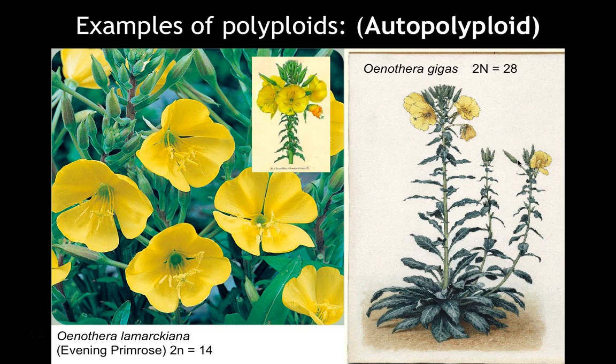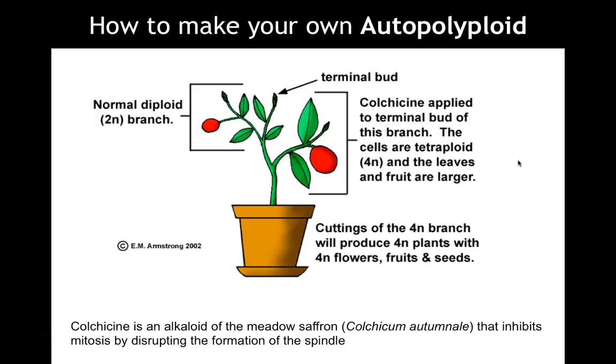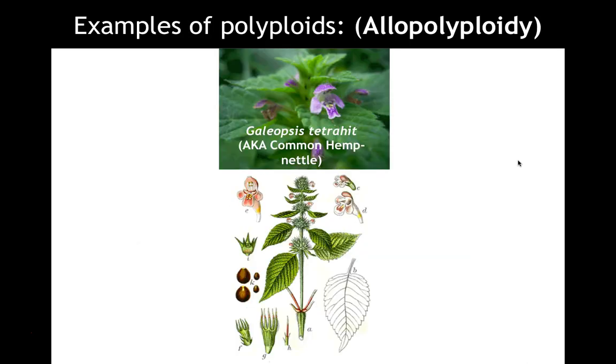And this is one way they can quickly overcome gene flow, because by doubling chromosomes, they're no longer compatible. Now, you can actually make your own autopolyploids if you want by treating plants with colchicine. It's used in many cases in horticulture to try to make fruits and leaves bigger. Interesting idea. We'll talk a bit more about that in the future.